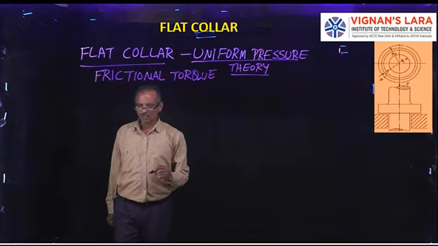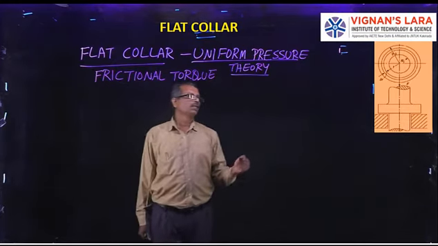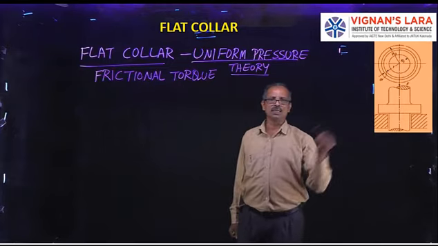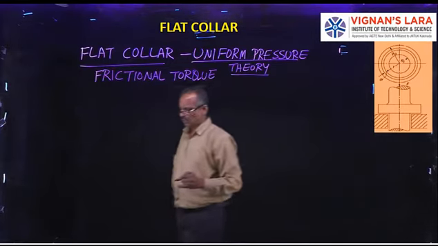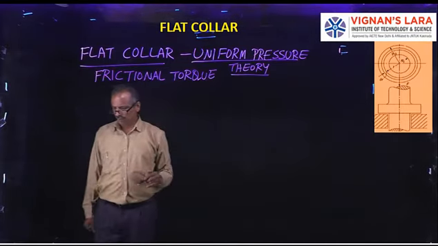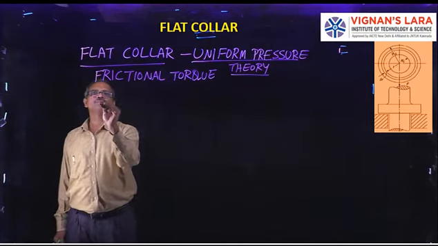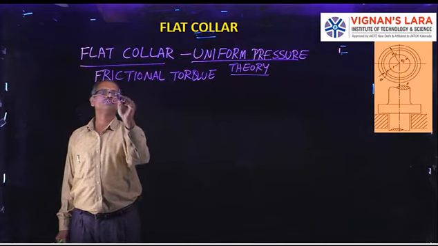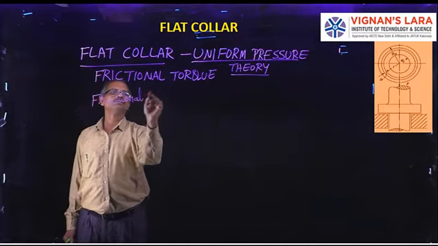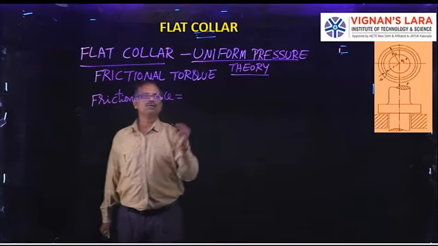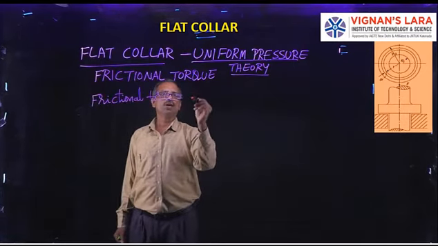You can see the collar with inner and outer radius Ri and R naught. So I want to find out the frictional force on the elemental area, that is a small segment.